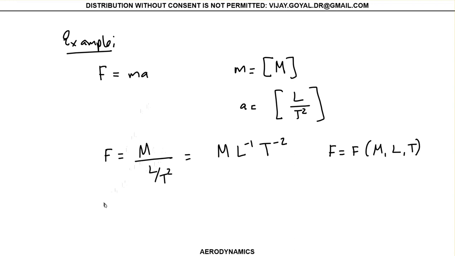Let me use another example. In this particular example, let's suppose we are working with a shear force, and the shear force is viscosity times velocity times the gradient. In this particular problem, I'm going to have the following.